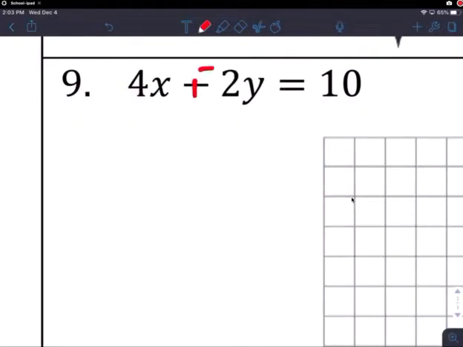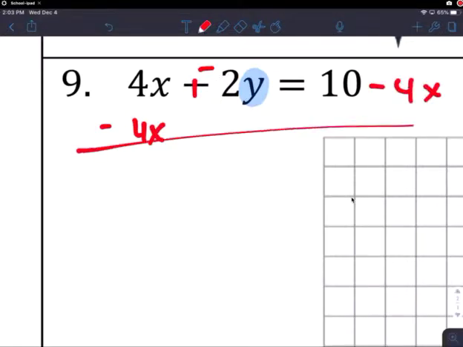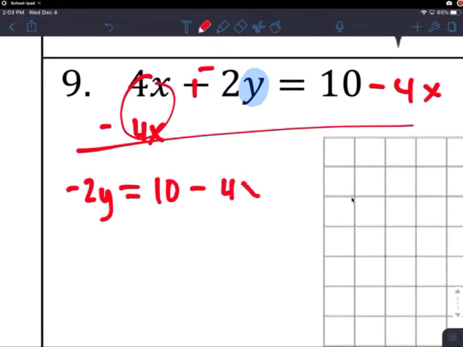So additive inverse, you're isolating the variable y, so you want to get rid of everything else. So you minus the 4x to both sides. Now this is 0, 0 plus negative 2y is negative 2y equals 10 minus the 4x. Remember, we want to isolate the y. We need to get rid of the negative 2.